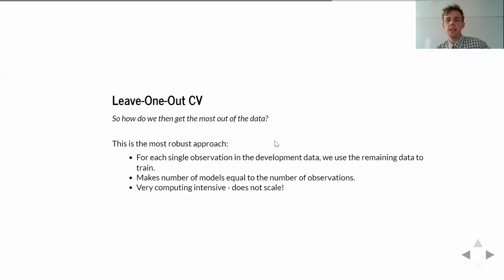So we are basically taking our development data, leaving out one observation, then we train the model on the remaining development data, and then we evaluate the performance on this observation that we left out, and then we do this for all the observations in our development data set. But this obviously makes the number of models equal to the number of observations in our development data set, which is very computationally intensive when we have even a moderate number of observations.